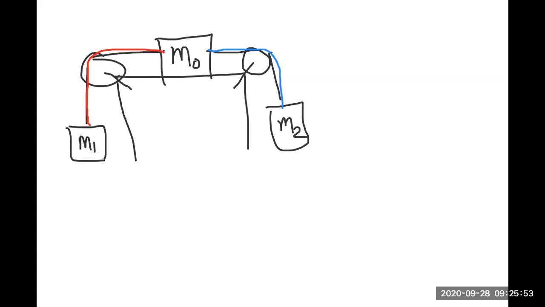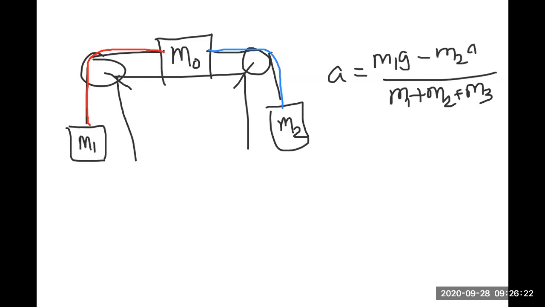So if this is true, if this is the question, then what I can say is that the acceleration must be: in the denominator m1 plus m2 plus m3, and in the numerator, supposing m1 is going down, m1g minus m2g, because the contribution of m0 will be zero, because m0 is moving horizontally, right? So this will be the acceleration of the system. I have worked it out in one step.